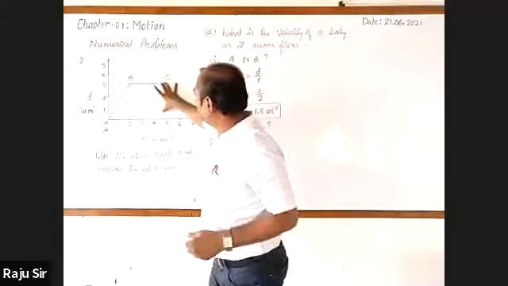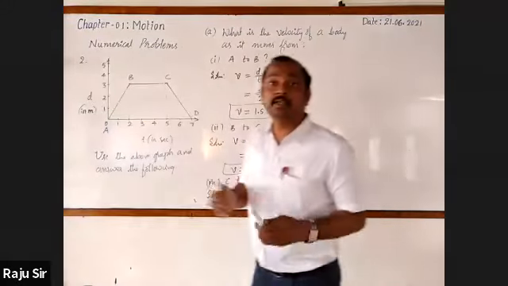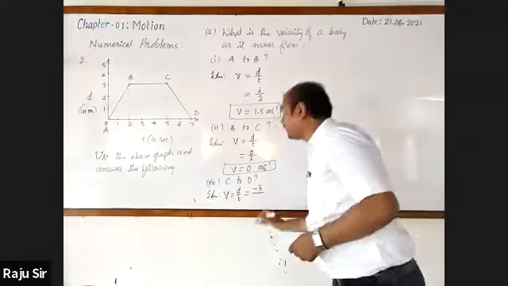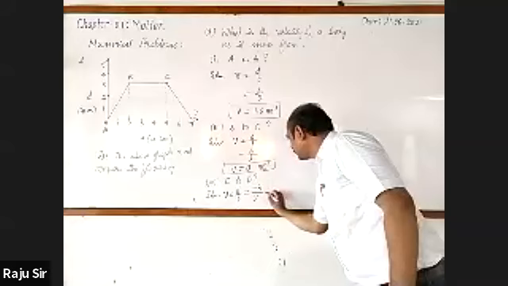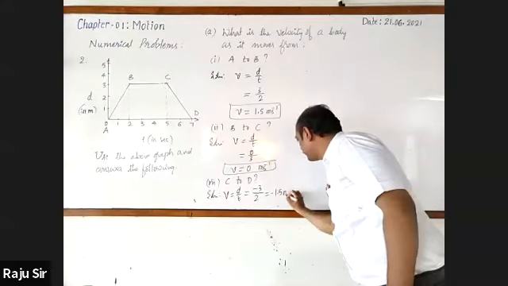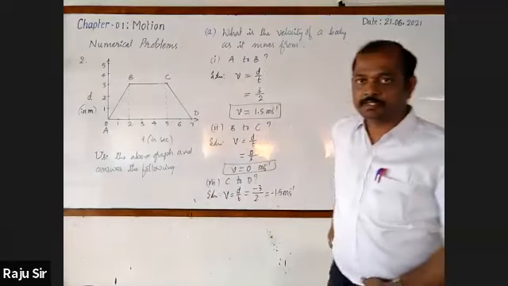Minus 1.5. Time taken is 2 seconds. It is equal to minus 1.5 meter per second.